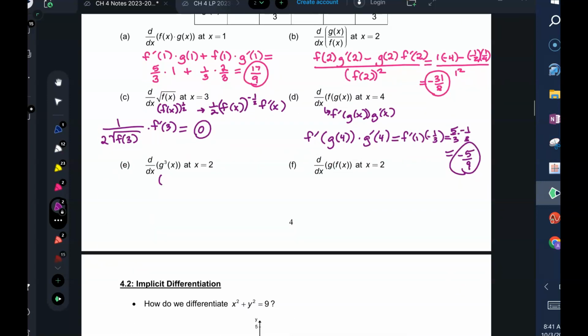Okay, two more. When it's written with g to the third of x, we can rewrite that as g of x to the third. So what would that derivative be? It'll be 3 g of x squared times g prime of x. So if we're evaluating at 2, it's going to be 3 g of 2 to the second times g prime of 2.